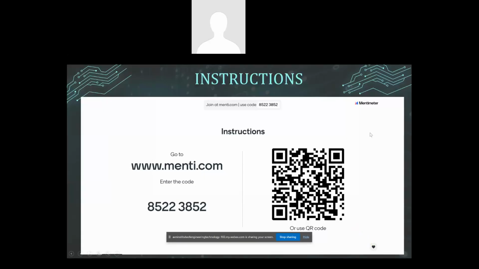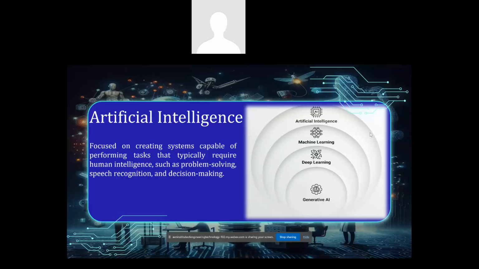Whenever we are using the Mentimeter, you can just refresh your screen on your system or mobile, so that any questions will be an interactive session. So I'll move on to the topic. Artificial intelligence is a buzzword right now. From kids to adults, everybody is talking about it.